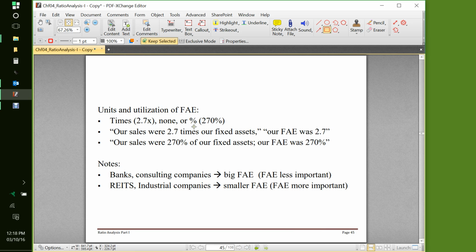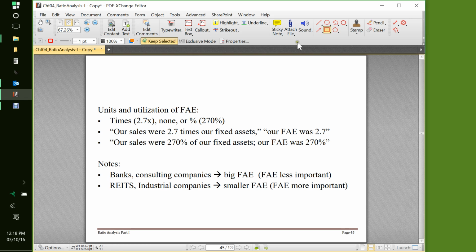Okay, so how do people talk about this? They'll say things like our fixed asset efficiency ratio is 2.7 times, or they'll just say it's 2.7, or they'll say it's 270%, that type of thing.